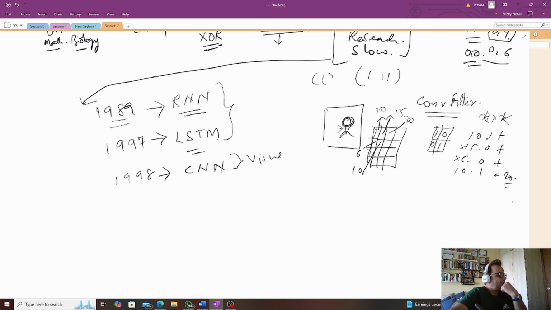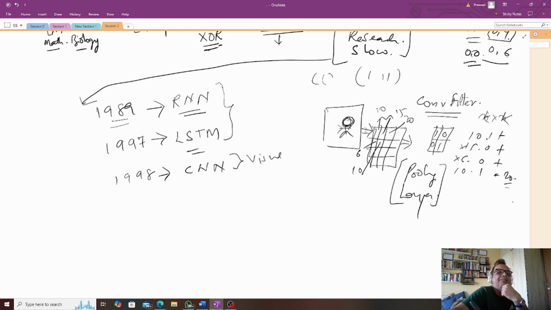So convolutional filter is going to give you the neighborhood aspect of the pixels, and that's how convolutional network works. And then there is another layer which is called pooling layer. In the pooling layer, the purpose is to reduce the dimensionality of information.